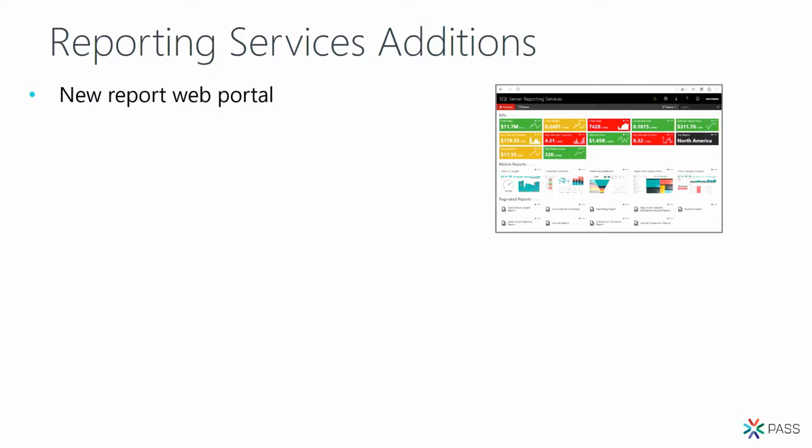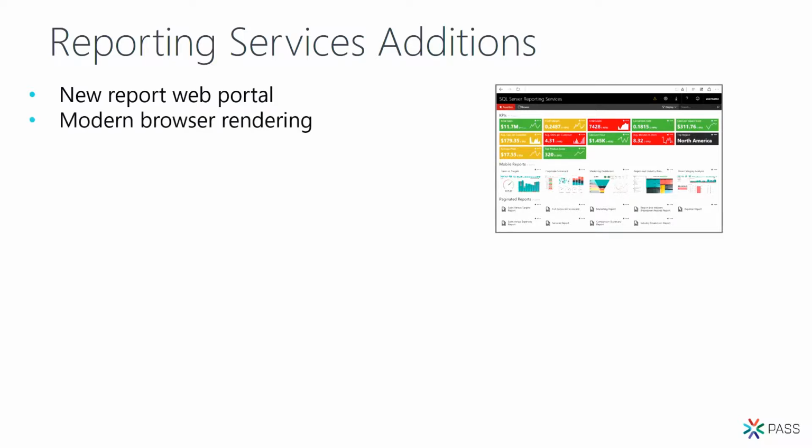It's very, very different. It has this Windows 10 flat, colorful tile kind of look to it. And this is the new report portal. It replaces Report Manager. It really does all the stuff that Report Manager did in earlier versions, but it's newer and modern. And it is responsive, and it works on mobile devices, and it really is improved in a lot of ways.